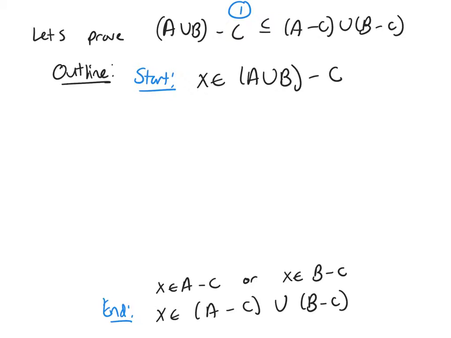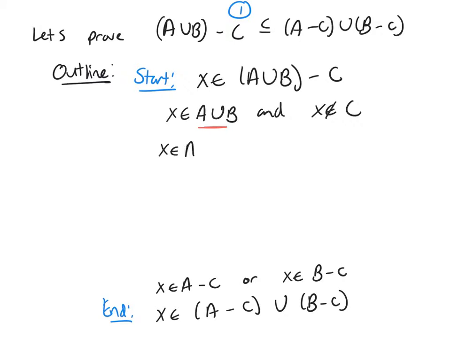If X is in this set here, then what does it mean? It means X is in A union B and it's not in C. But what does it mean to be in this union here? It means it's in one of them, right?